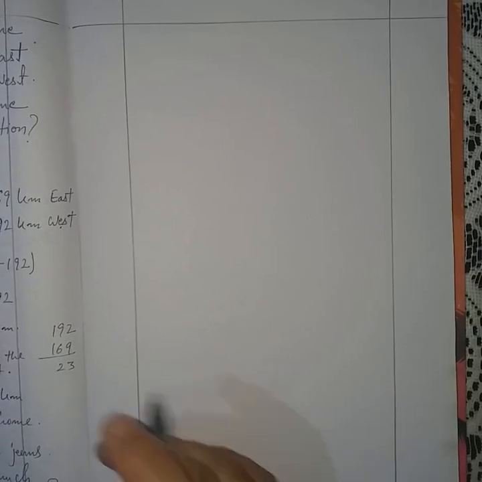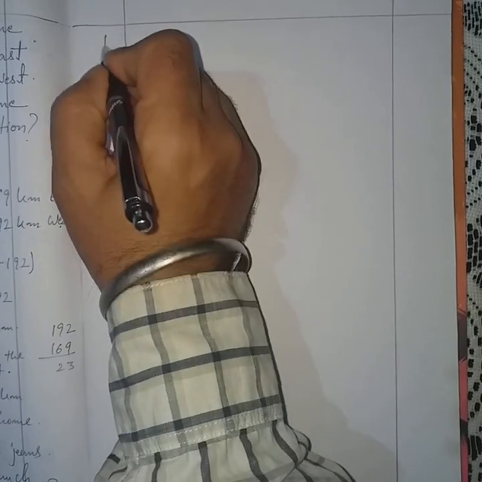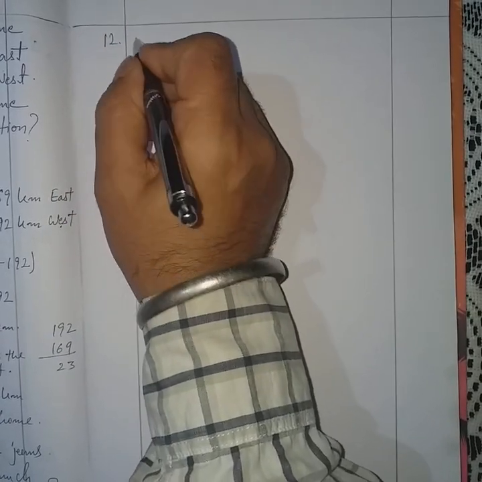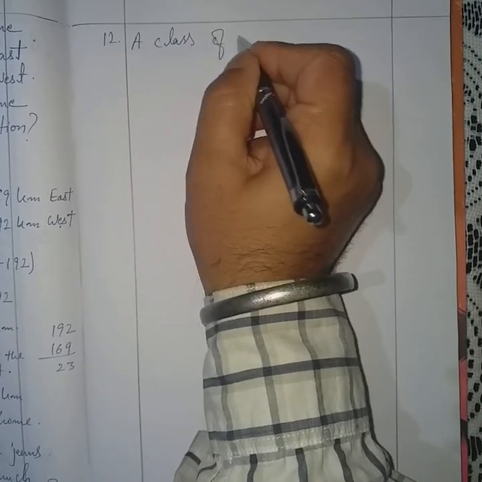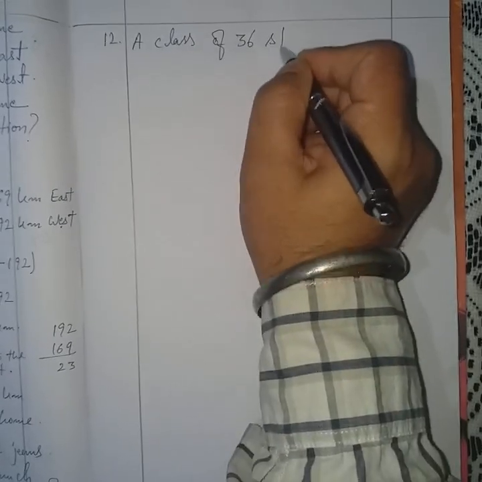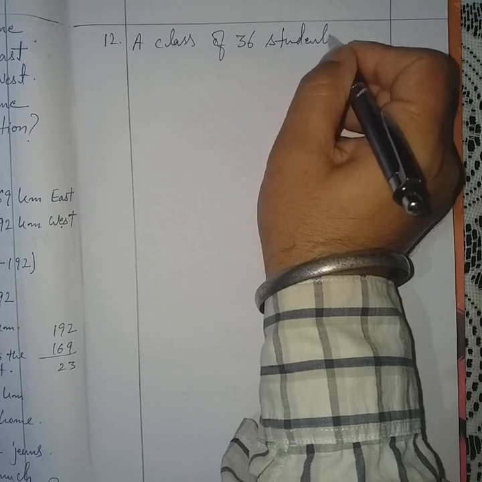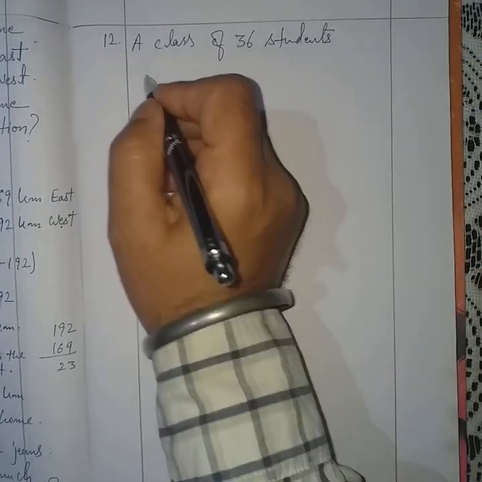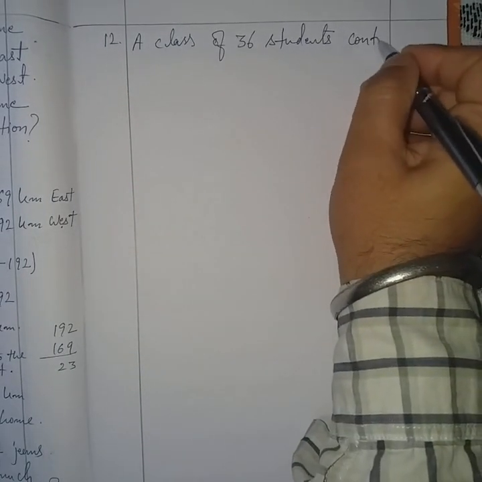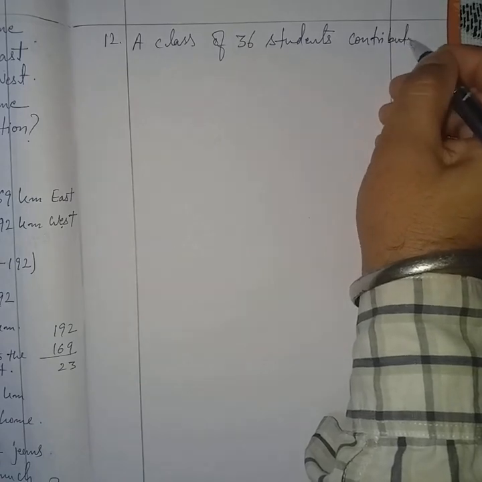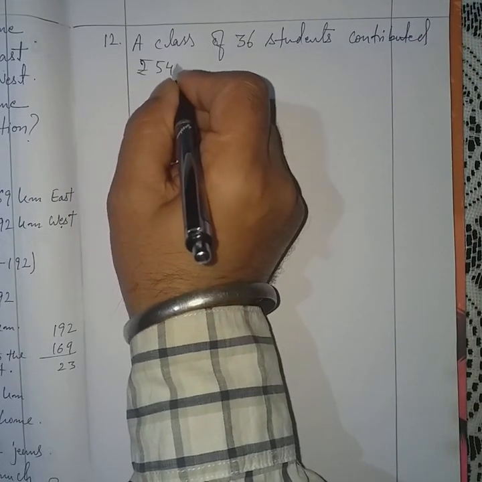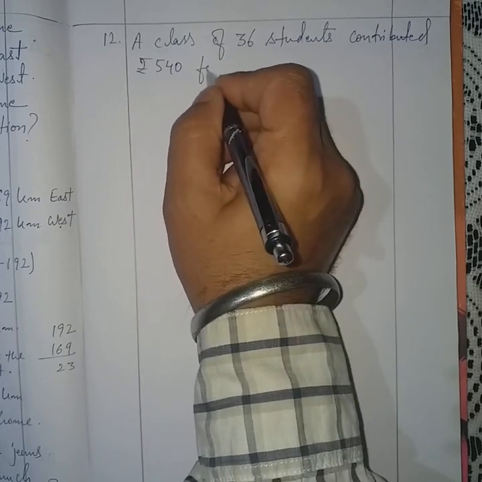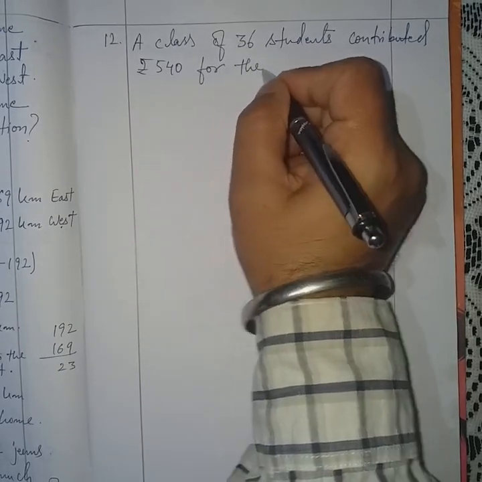Now question number 12. A class of 36 students contributed rupees 540 for the picnic.